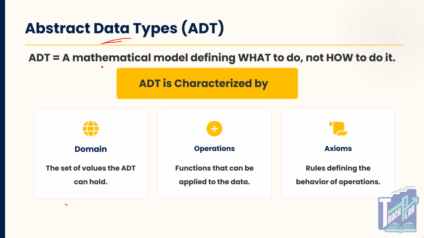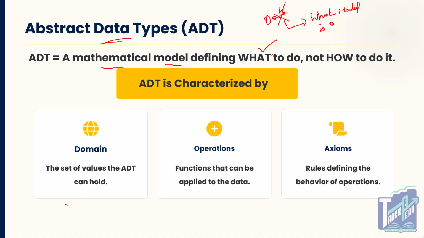It provides a mathematical model to store the data, which means it defines only what to do, and doesn't care about the implementation detail. In abstraction, we hide the data. In abstract data type, to hide that data, what model is going to be suggested?